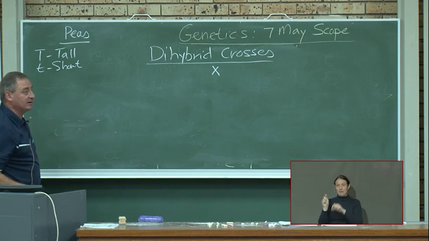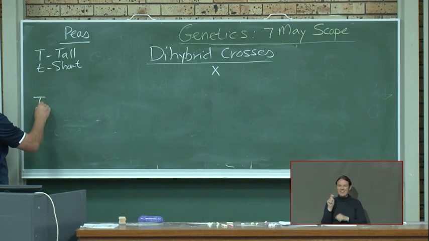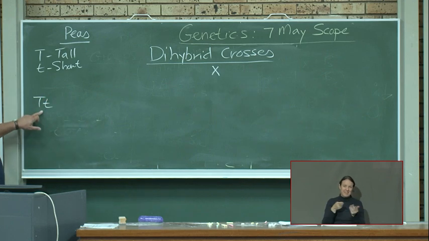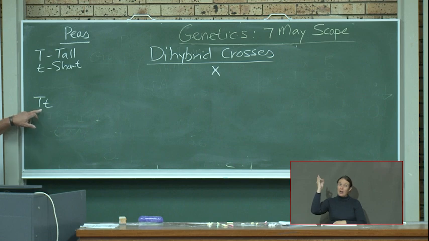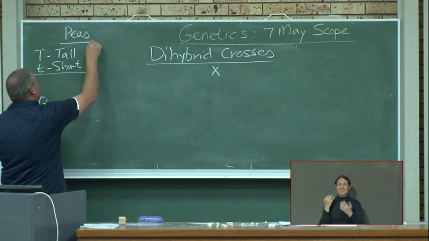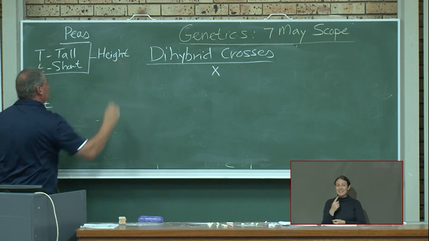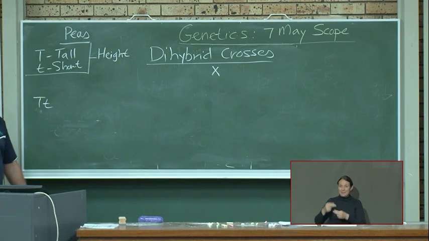They will tell you in the question paper, use capital T and small t. That means that this plant is what in the phenotype? Tall. People, are you with me? This plant is tall, because the capital T dominates the small t. We're dealing here with the height of the plant, okay.